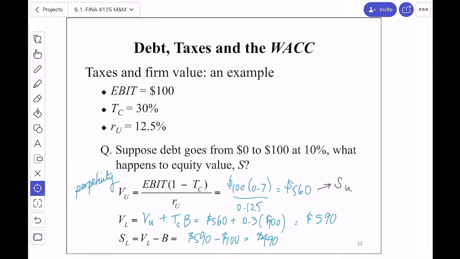Any questions about my calculations? So taking on $100 of debt, shareholder value dropped to 490. But shareholders like debt. The value of the firm went up.